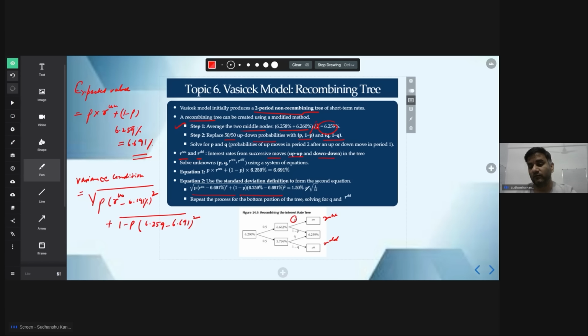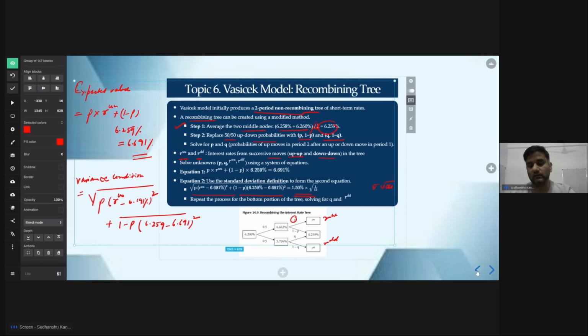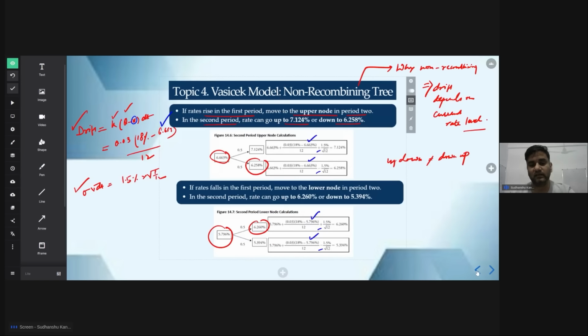Now use the standard deviation definition to form the second equation. Why are we equating it to sigma root dt? It is the same thing we did earlier: sigma root dt, 1.5% multiplied by 1 by root 12.